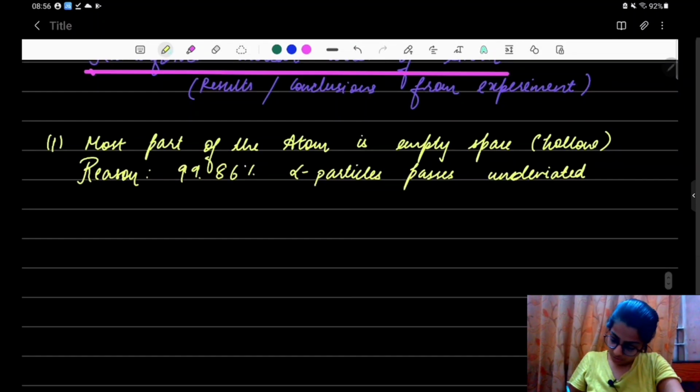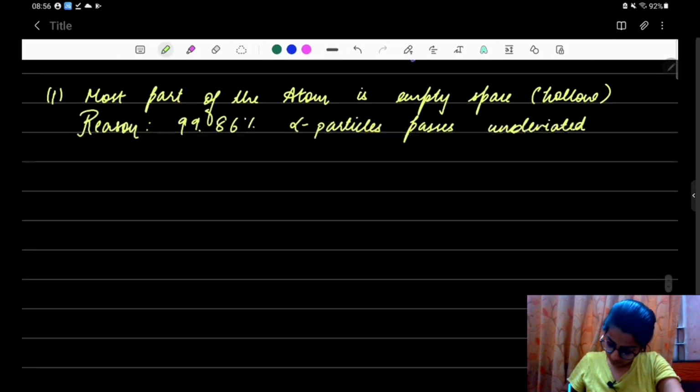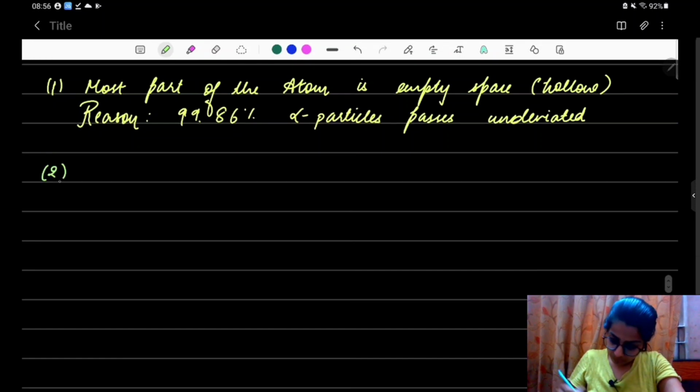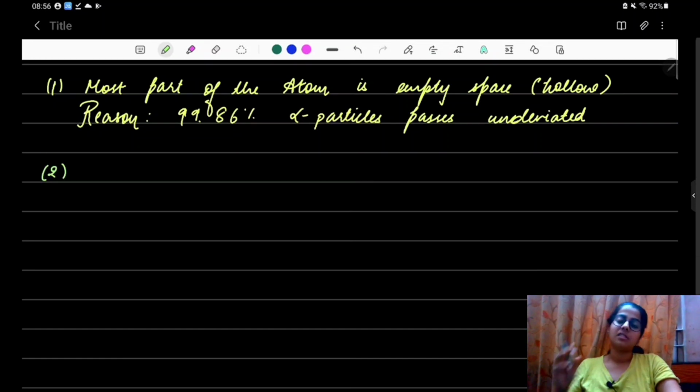Next observation, if there is some deviation of alpha particles, it means there is some mass present inside the atom, and if it is getting deflected, if it is getting pushed away, it means there is some positive charge. Positive will repel.